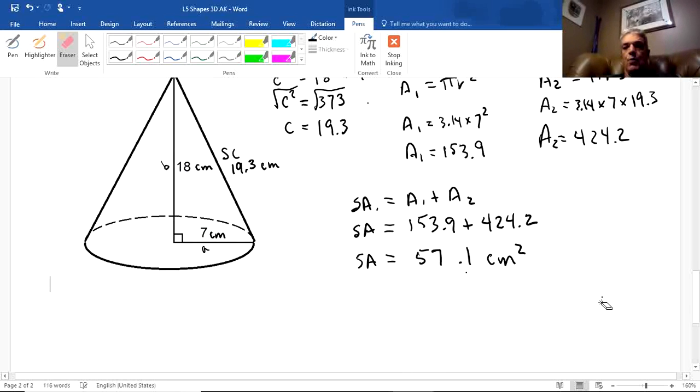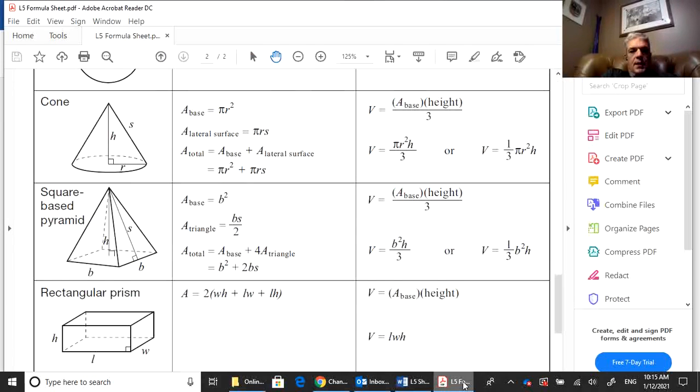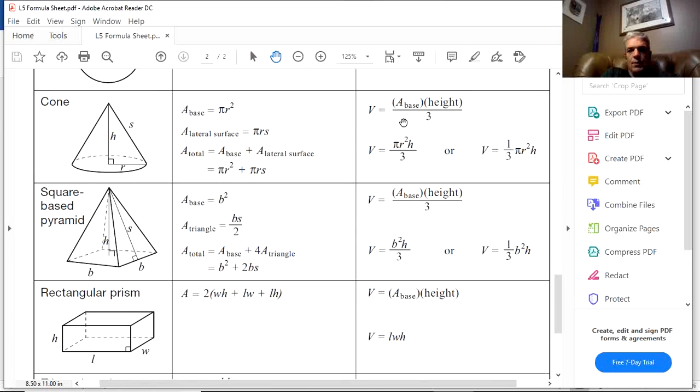Now we want to go and calculate my volume. Okay, so I'm going to look at my sheet for the volume formula for a cone, and the volume formula for a cone is right here. You can take it either way, this one or this one: the area of the base times the height divided by 3. So it's very similar to a cylinder where it's the area of the base times the height.